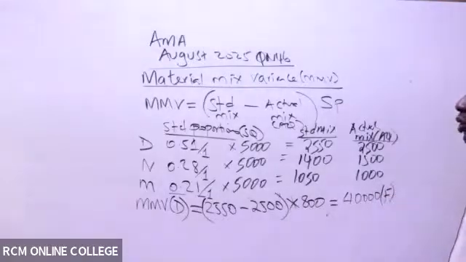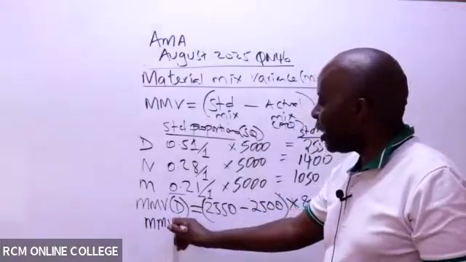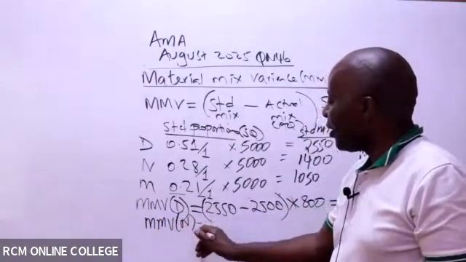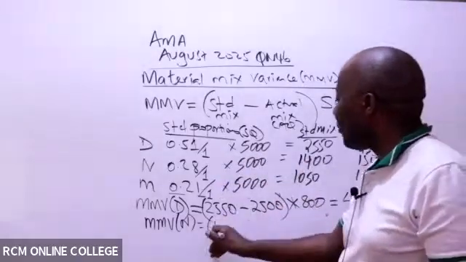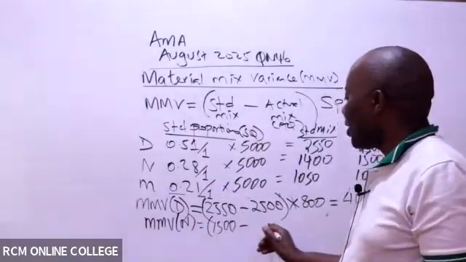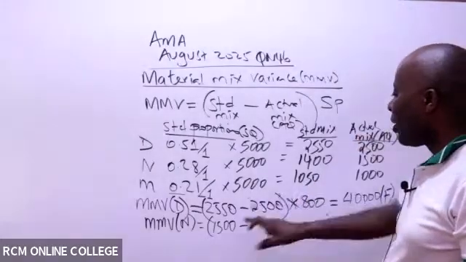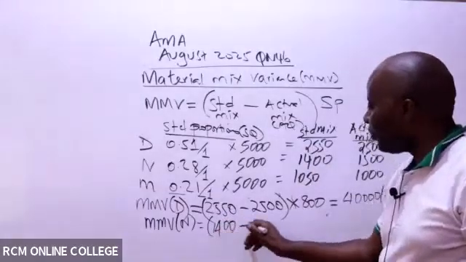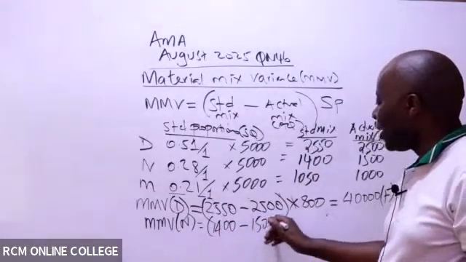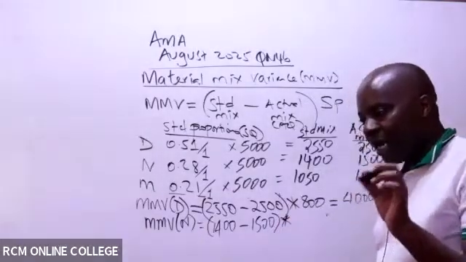Then you go and do the same for the material mix variance for N. The standard mix for N is 1,400 minus the actual mix of N, 1,500. Is there somebody who is able to see the standard price per kilogram for N?